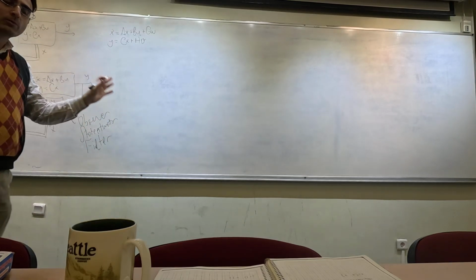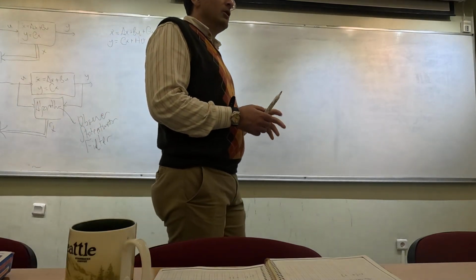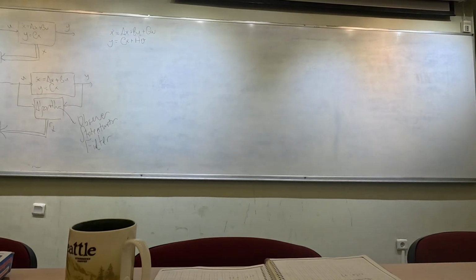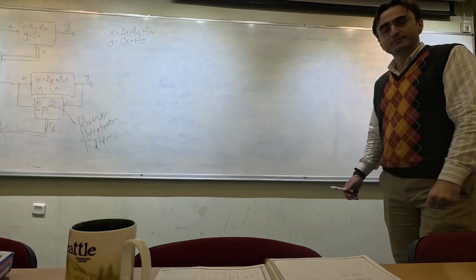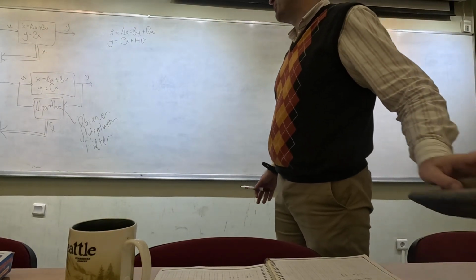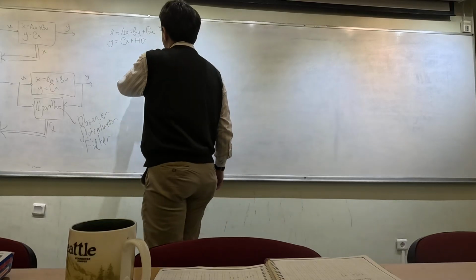So this observer concept is related to things called filters or Kalman filters, which are just observers for stochastic systems. This type of thing would appear really a lot in practice.